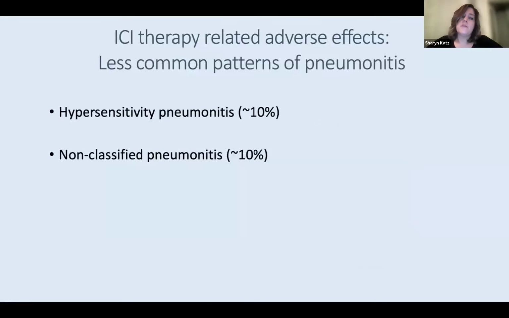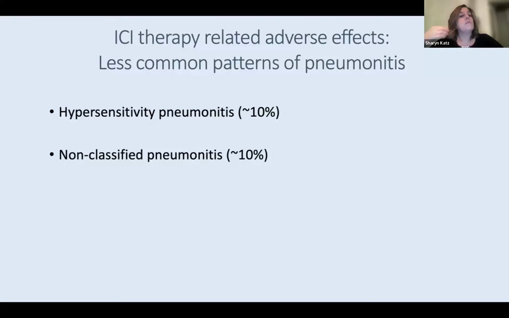The other pattern that's been reported, but I have to say in my own experience I have never seen it, is hypersensitivity pneumonitis, which has been reported as high as 7 to 10%. In this case, you get subtle 1 to 3 millimeter ground glass nodules in an upper lobe predominant, central lobular distribution. It can be confused with tobacco-related pneumonitis, which is actually where we see it the most, or other causes like environmental exposures causing hypersensitivity pneumonitis.